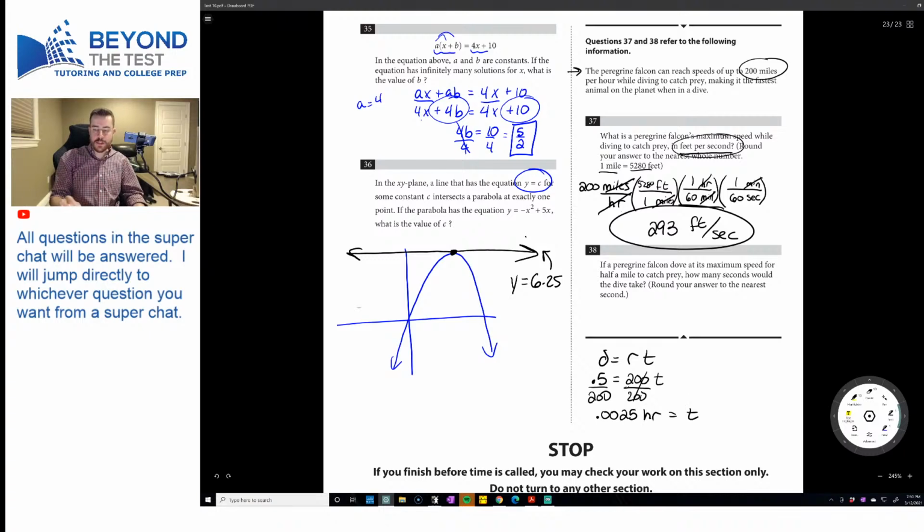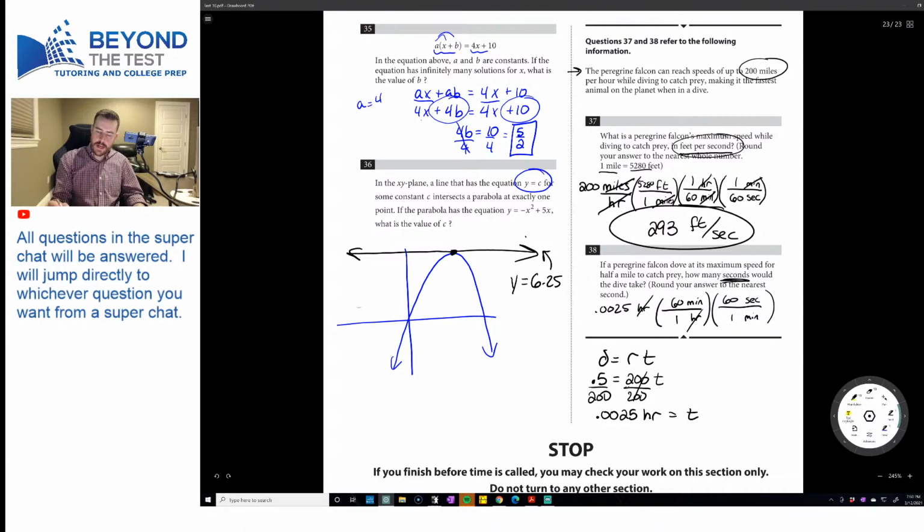Now what we want to do is convert that into seconds. Again, you could use dimensional analysis like we did before. If this is in hours, we know that 1 hour is equal to 60 minutes, and 60 seconds is 1 minute.